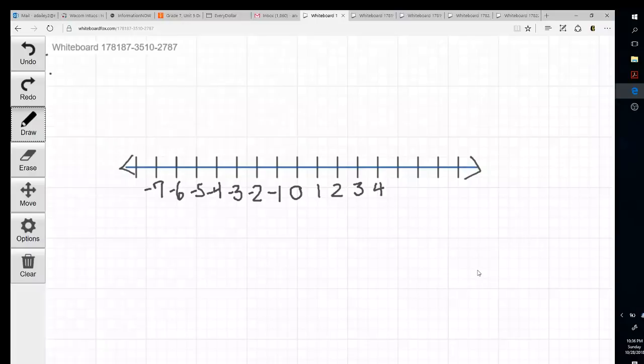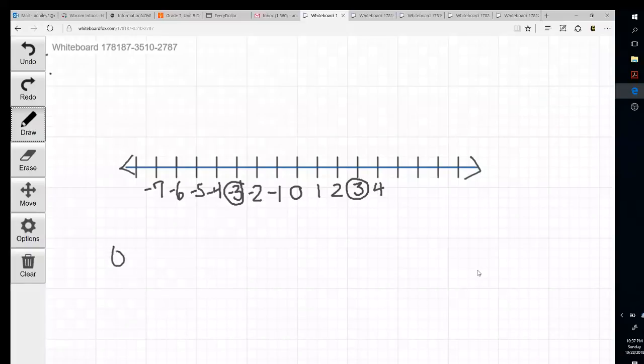We learned in 6th grade that all of the numbers to the right of 0 are positive, 0 is neutral, and all of the numbers to the left of 0 are negative. When we have two numbers, like 3 and negative 3, those numbers are opposites. 2 and negative 2 are opposites. 1 and negative 1 are opposites.